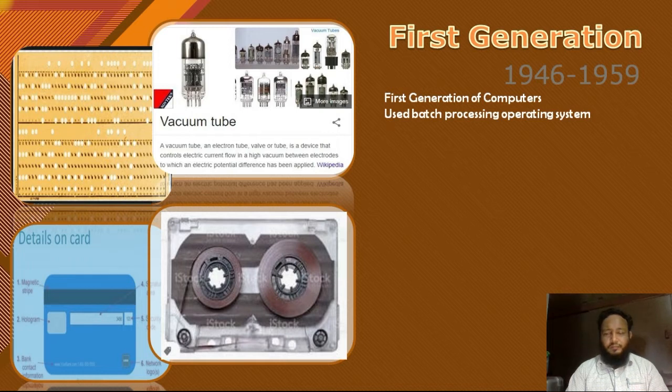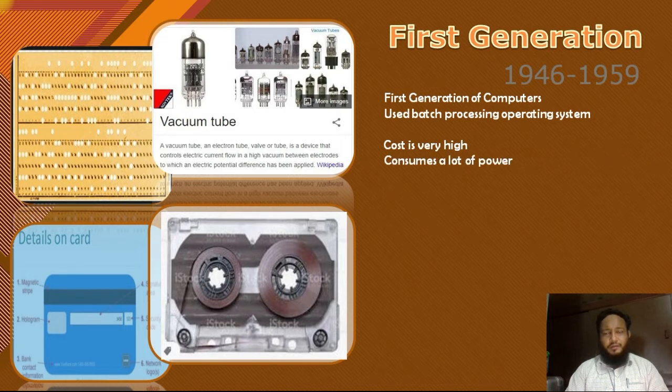In this generation of computers, vacuum tube cost was very high, and maintaining the computers of this time cost a lot.